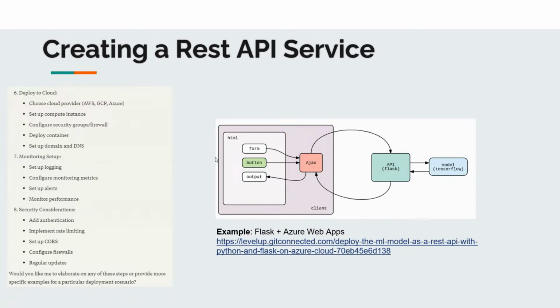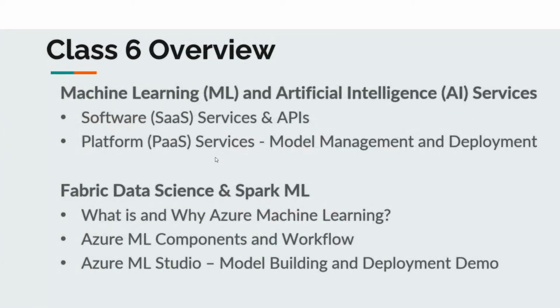I covered a lot of technical material today, but just to give an overview, we learned about the types of different platforms: software as a service and APIs versus platform as a service. We learned about Microsoft Data Fabric, Spark Machine Learning, and Azure Machine Learning.